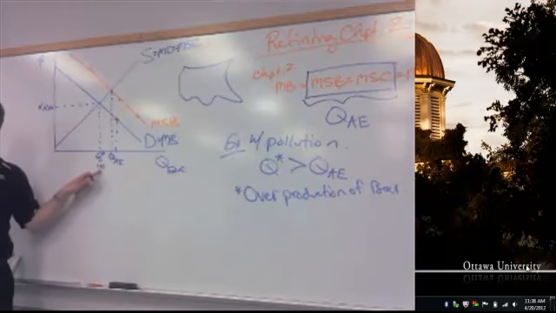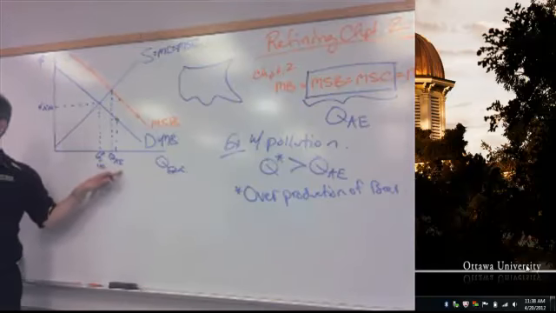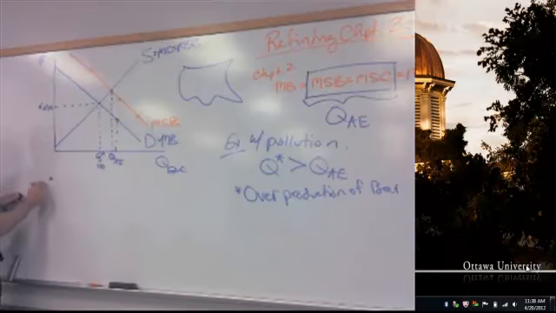Education is underproduced in the market system because of the positive externality.